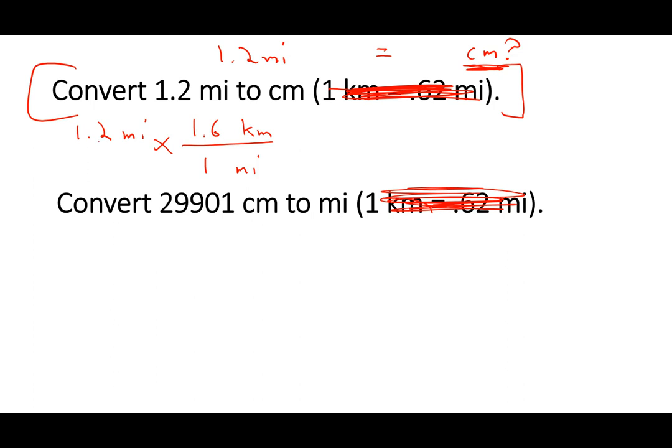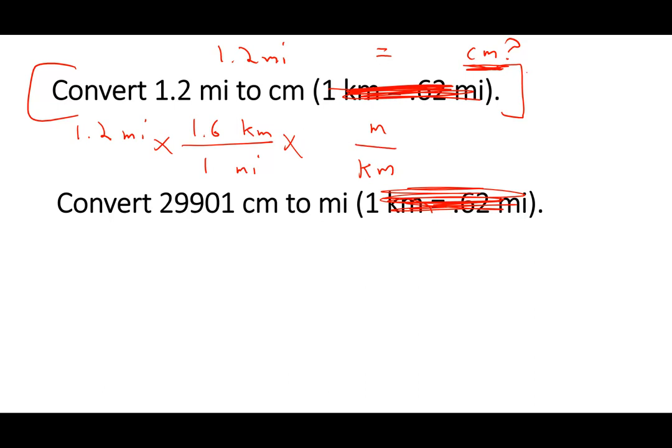And so, if I do 1.2 miles and I multiply this, it's going to get me to kilometers. And I could stop there, but I need to keep going. I'm going to put kilometers on the bottom, and then I'm going to go to meters.